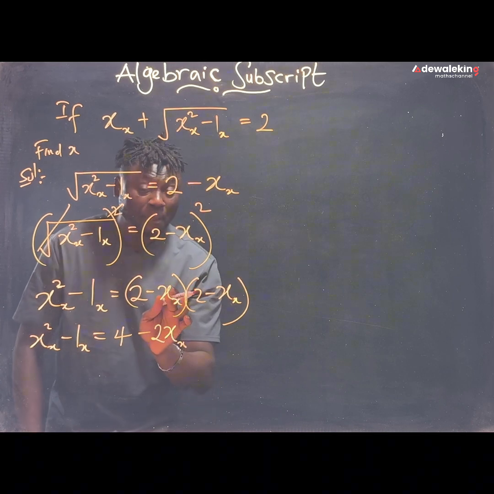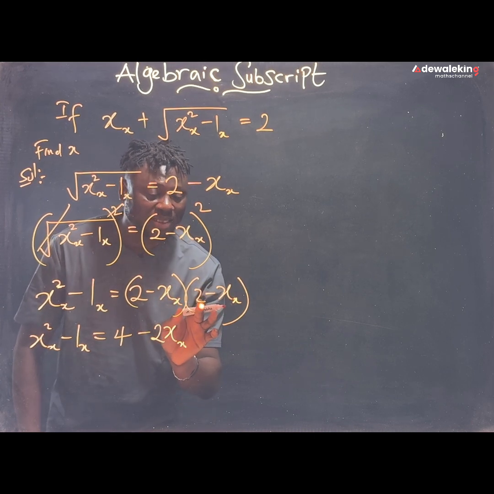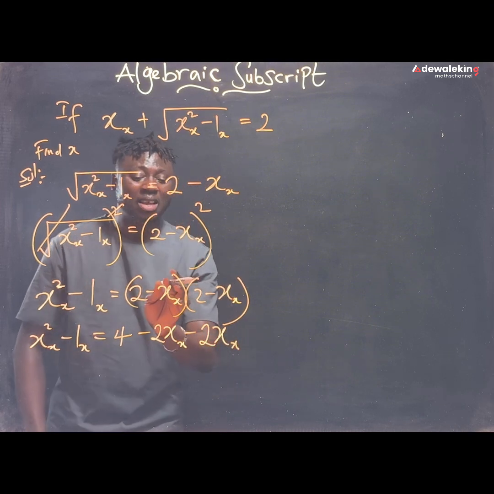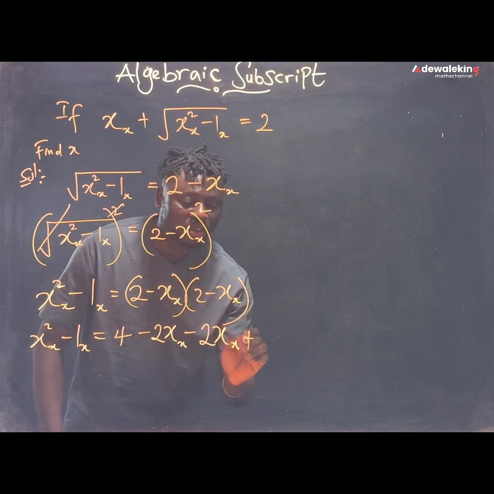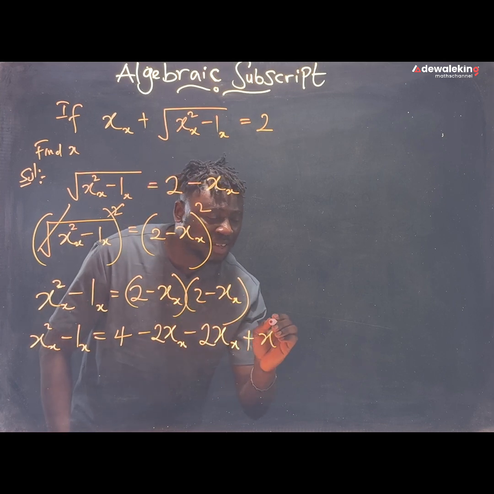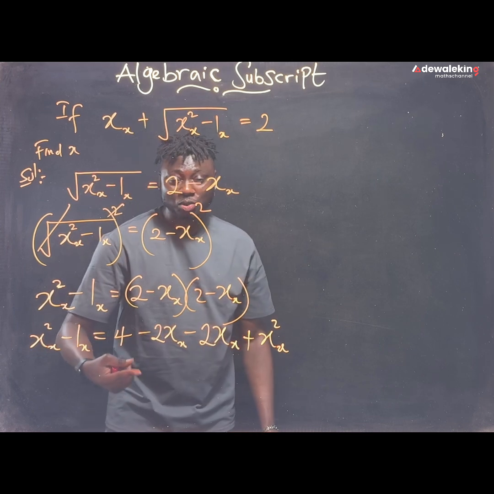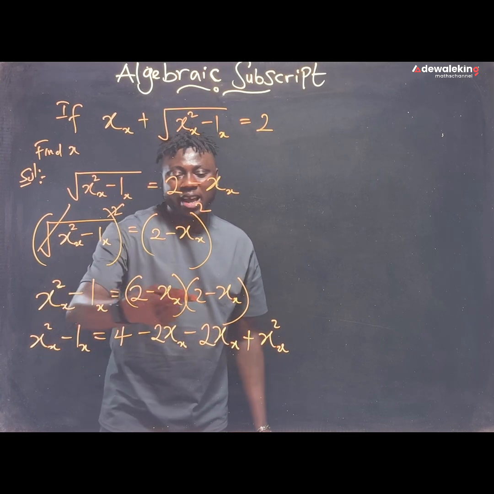Minus x times this will give us minus 2x, and minus times minus is plus, so this times this will give us x squared. So this will be the equation we'll get when you multiply this.